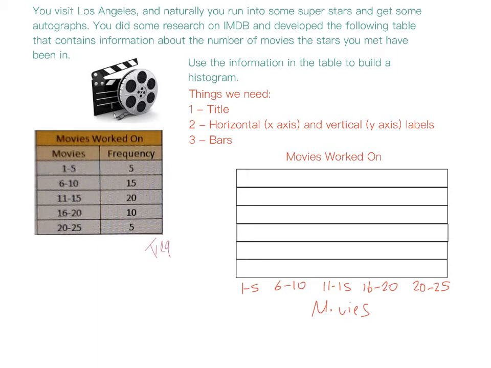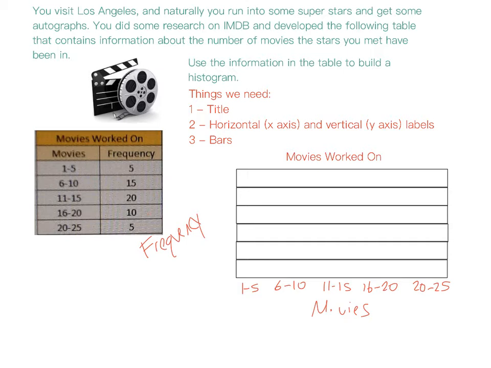F-R-E-Q, that looks really sketchy. Frequency, okay, and these are going to line up with the lines, and they're going to come from here. So what are the different frequencies we have? Well, we have 5, and then 15, 20, 10, 5.